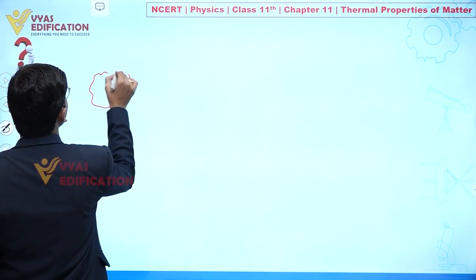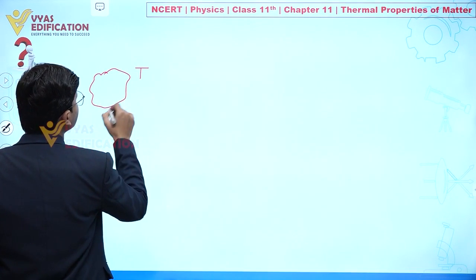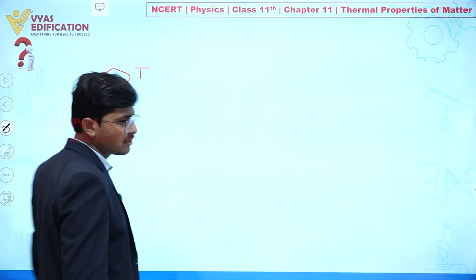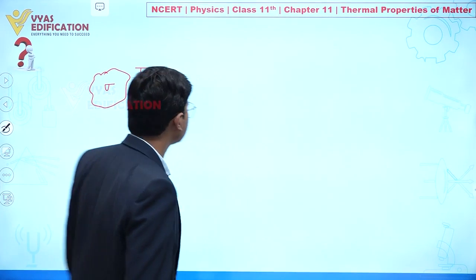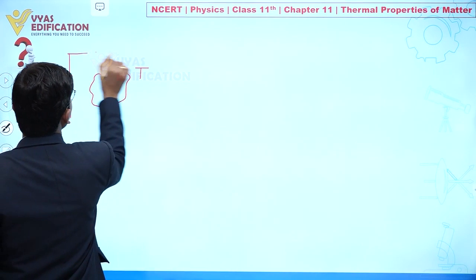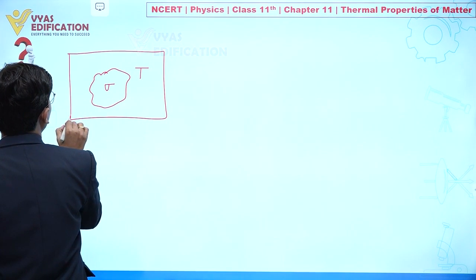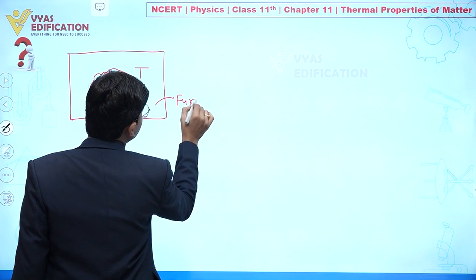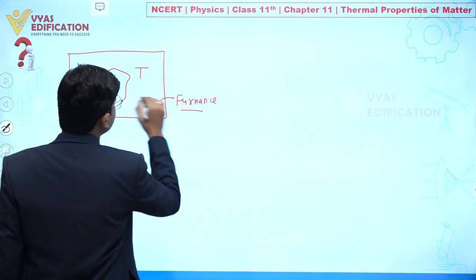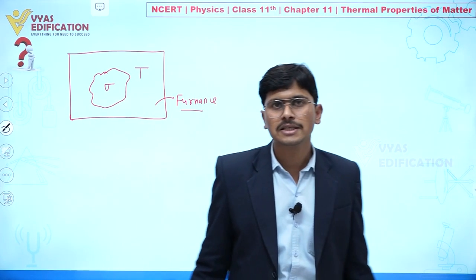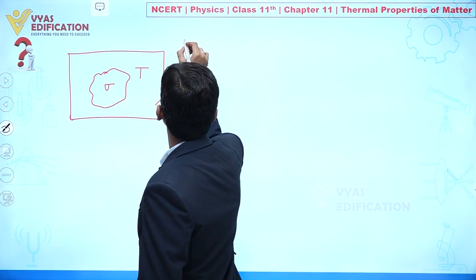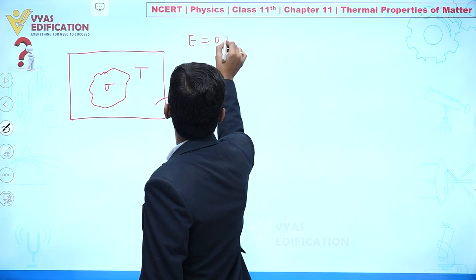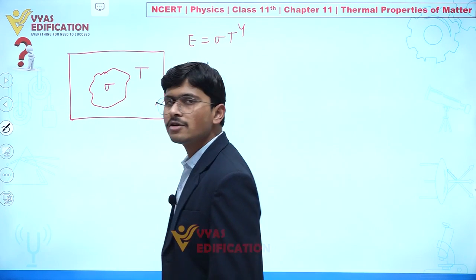Actually, let's suppose we have an iron piece having temperature T. Stefan-Boltzmann constant we know, let's suppose sigma, and let's suppose we place this object in the furnace, clear? So at this furnace we have the same temperature T. So the total amount of radiation emitted by this body is given by sigma T to the power 4, if we are considering unit area.